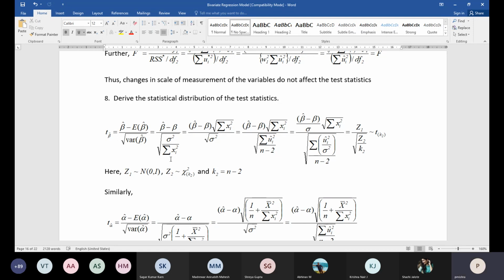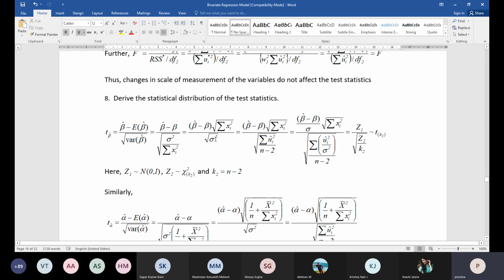Then, through mathematical simplification, we get an expression like this, and this gives me further this expression. Why? We don't know sigma square.